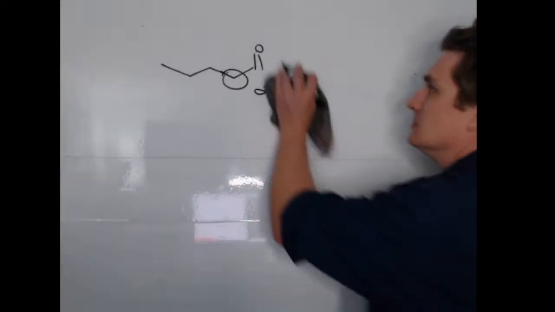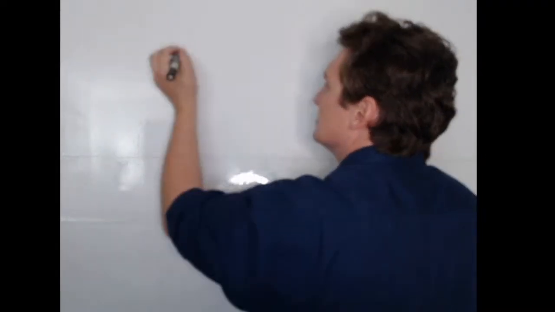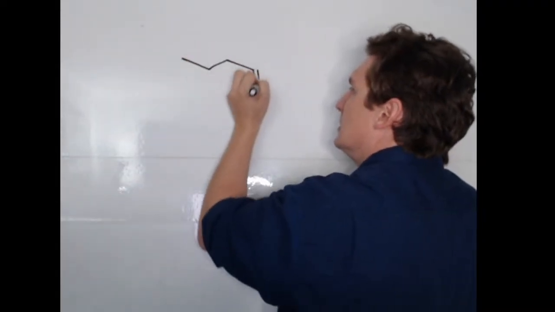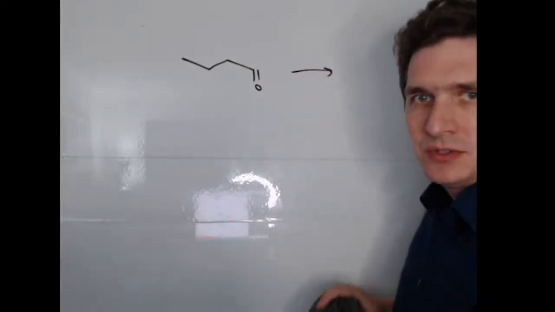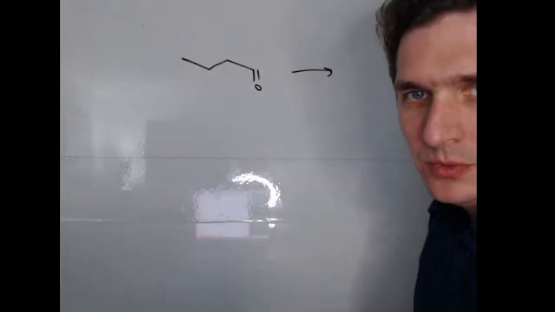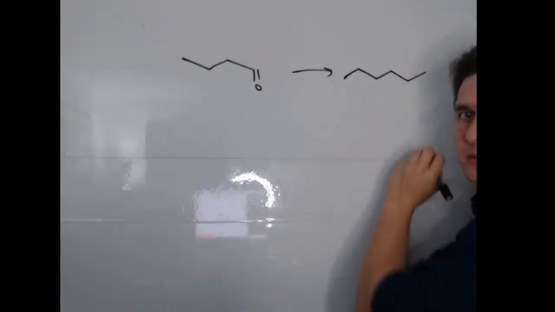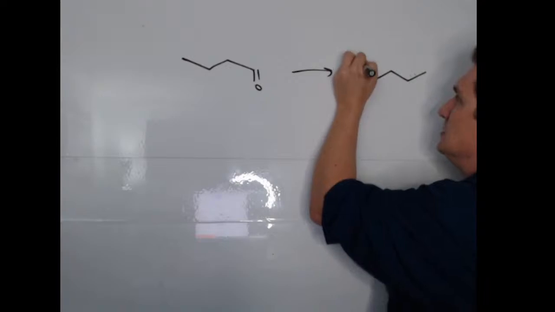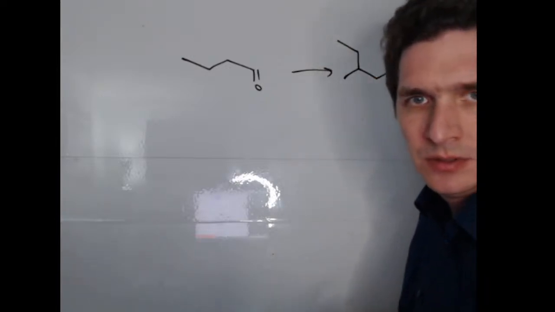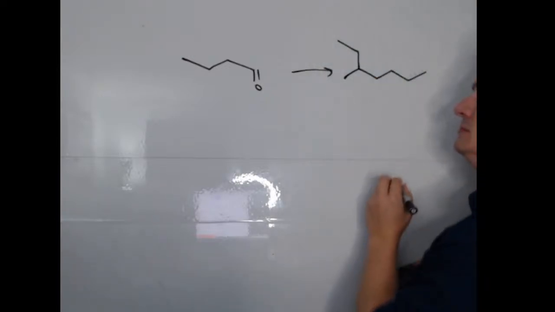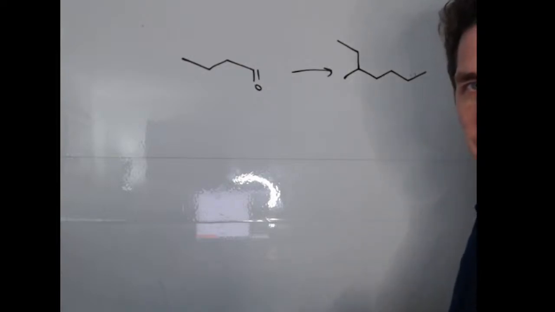Question 18. 2-ethyl 1-hexanol is a widely used industrial chemical. Outline a synthesis starting with butanol. So we want to go from this to 2-ethyl 1-hexanol. 1, 2, 3, 4, 5, 6.